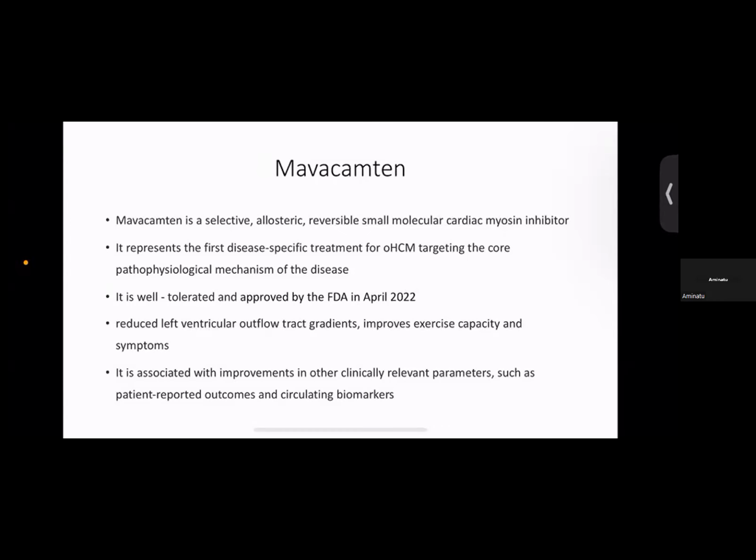It represents the first disease-specific treatment for obstructive HCM, targeting the core pathophysiological mechanism of the disease. It causes reduced left ventricular outflow tract gradient, and improves exercise capacity and symptoms. Mavacamten has been found to be associated with improvement in other clinically relevant parameters, such as patient-reported outcomes and circulating biomarkers as well.